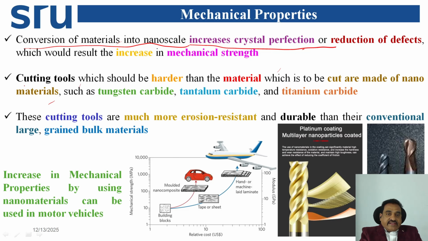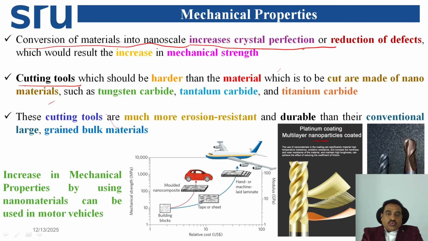Coming to cutting tools, which should be harder than the material which is to be cut, they are made of nanomaterials such as tungsten carbide, tantalum carbide, and titanium carbide.